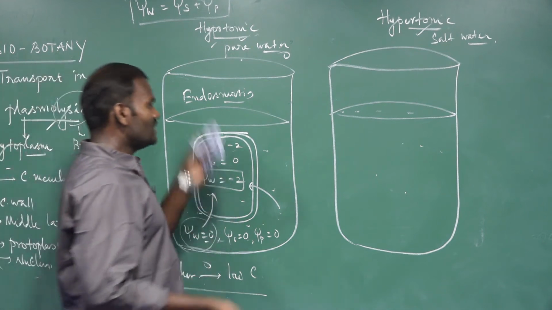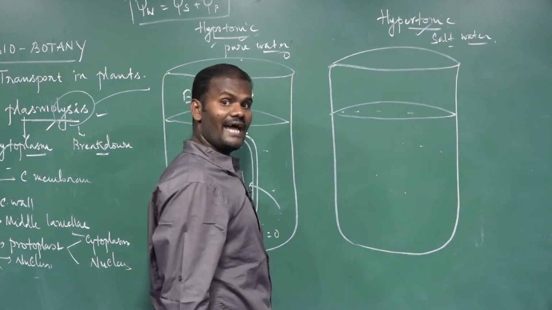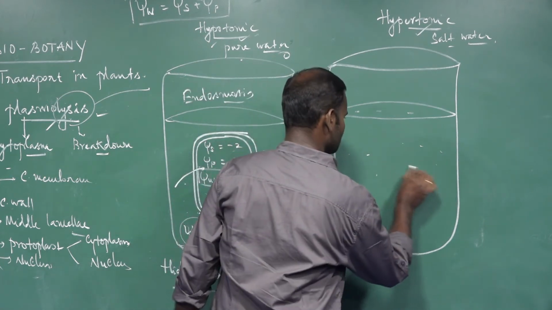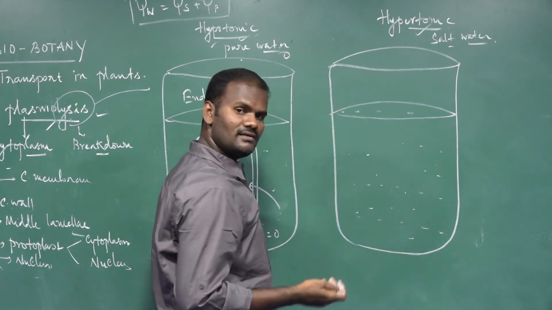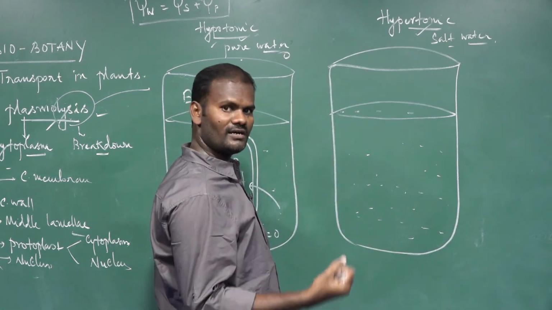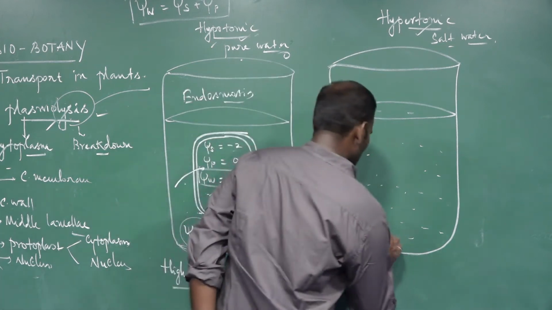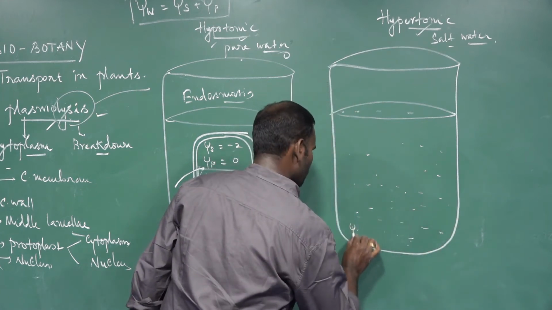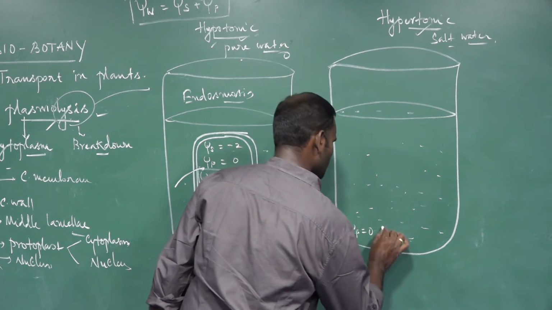Similarly, when the cell is placed under the salt solution or also called hypertonic solution, what will happen? It is a solution. If we add any solute particle, they reduce the water potential, increase the solute potential. So in solution, pressure potential is equal to 0.